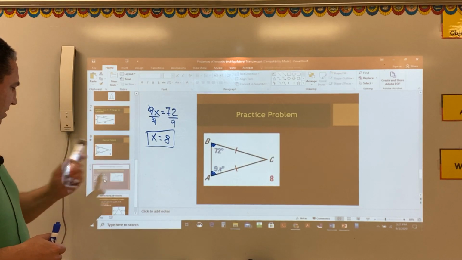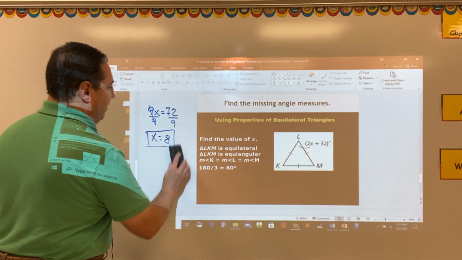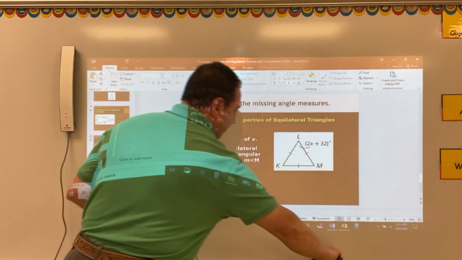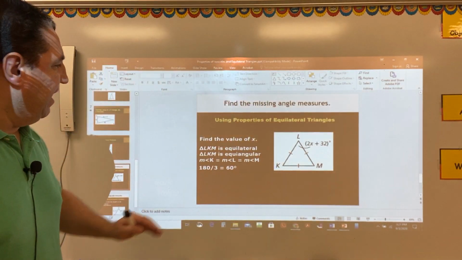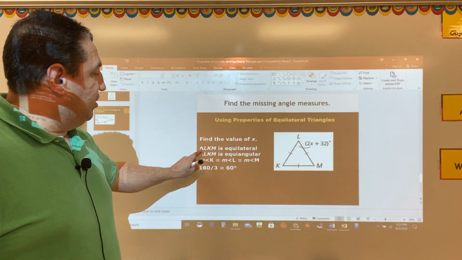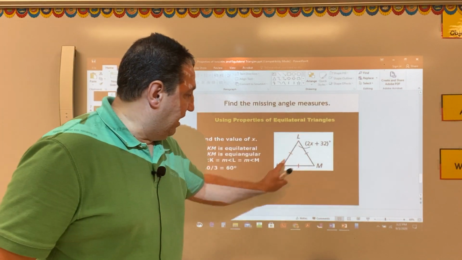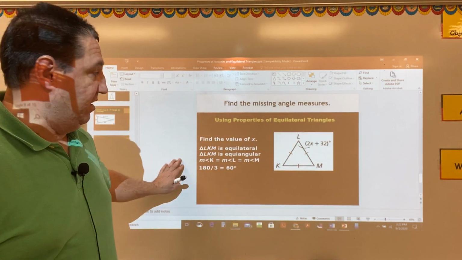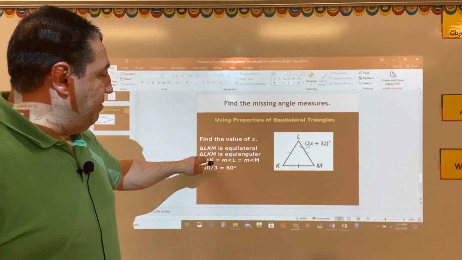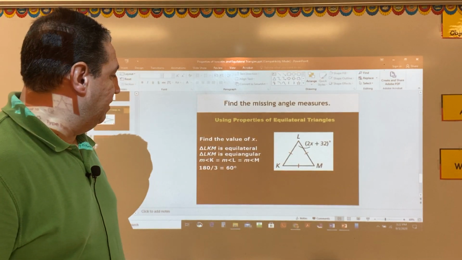Let's have an example with equilateral triangles. Two examples. Look here. Find the value of x. We know triangle LKM is equilateral. At the same time, triangle LKM is equiangular, right?